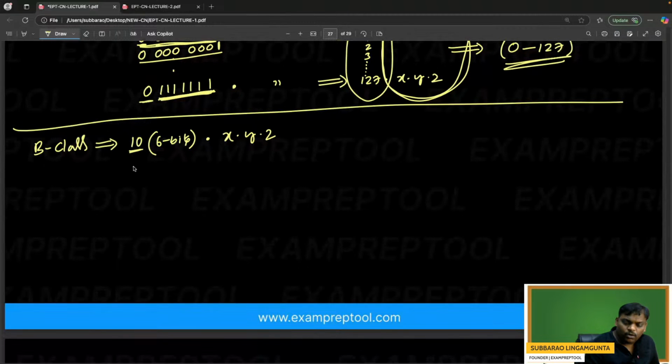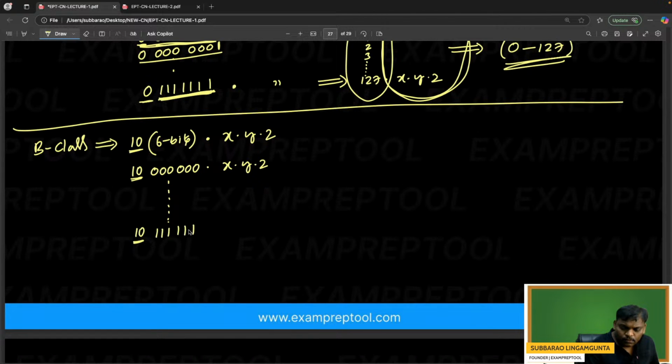Now see this one, 1 0 followed by 6 zeros, then X.Y.Z, and so on. 1 0 followed by 6 ones, then X.Y.Z.